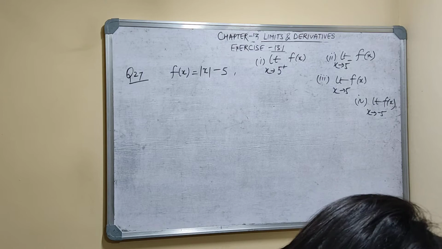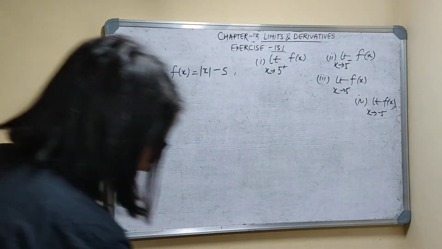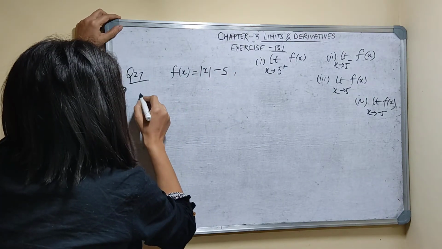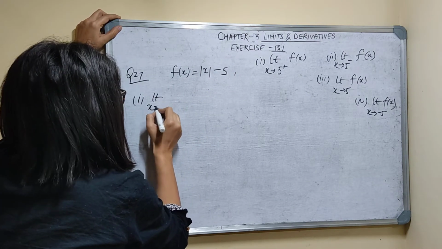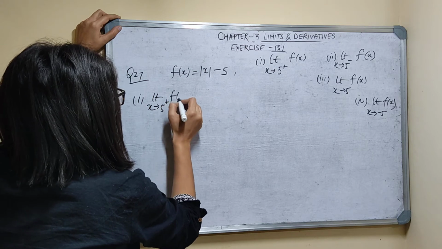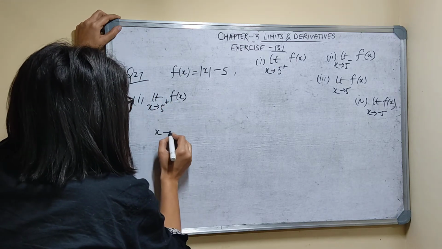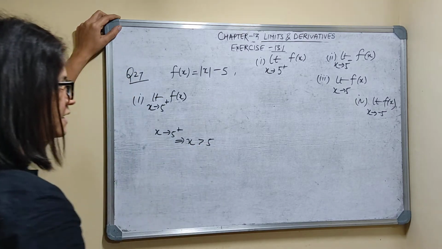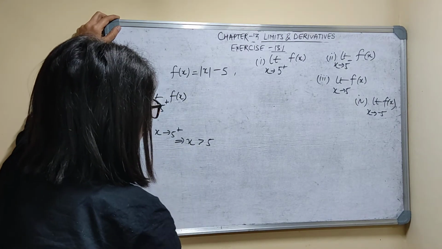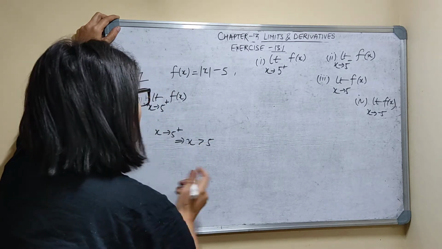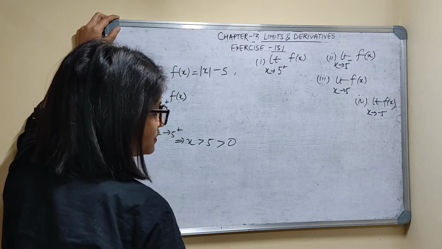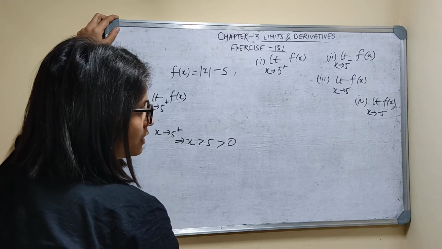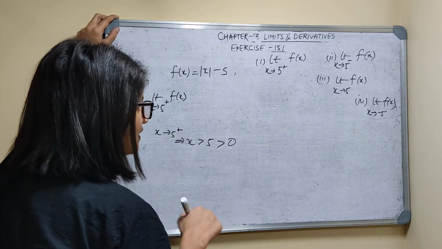This is the function, f(x) is equal to mod of x minus 5. First part I am doing, limit x tends to 5 plus f of x. X tends to 5 plus means what? X is greater than 5. Is it clear? X is greater than 5, and 5 is greater than 0, so x is greater than 0.